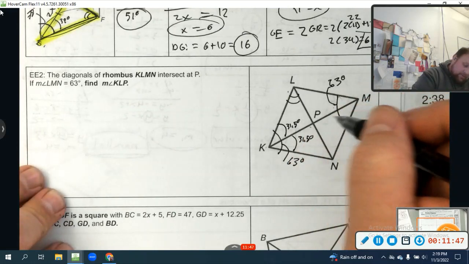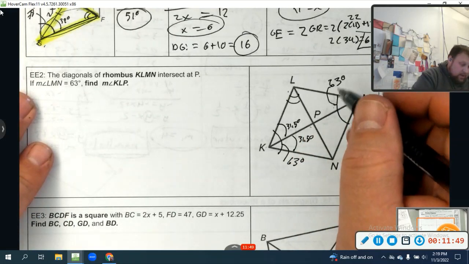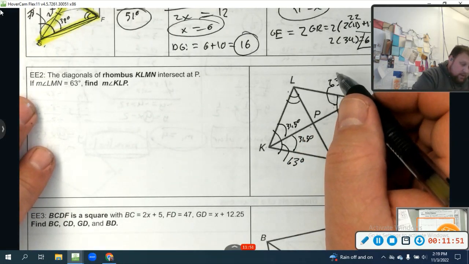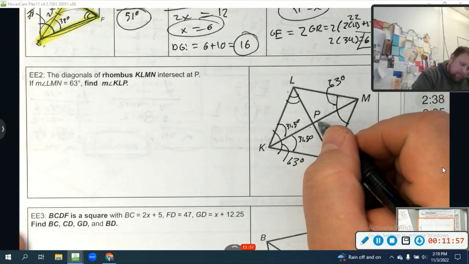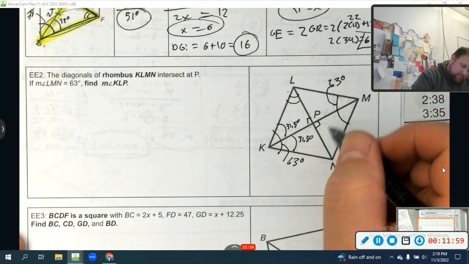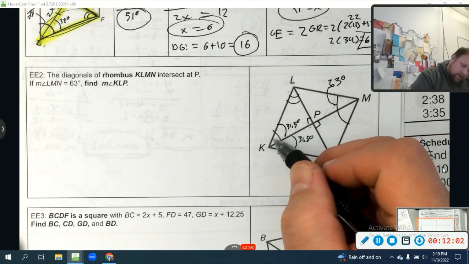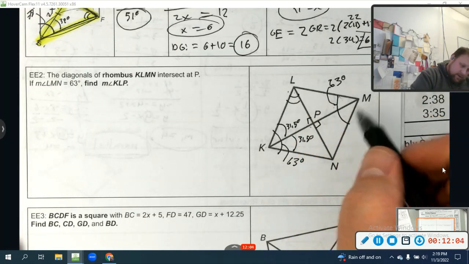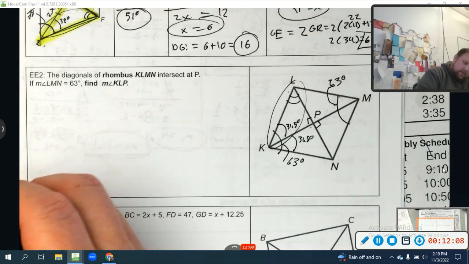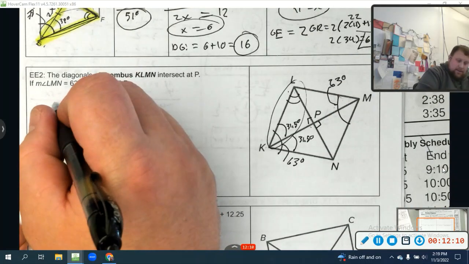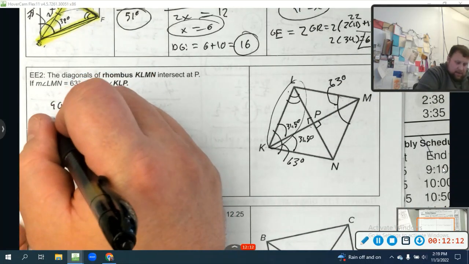So now, being a rhombus, I know that these are perpendicular, right? So right here is 90 degrees. These 3 angles add up to 180. So I know these 2 angles just add up to 90. So 90 minus 31.5, add a 0 there.